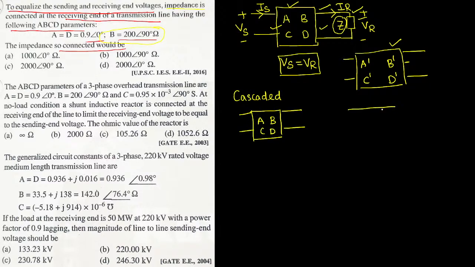Next we are connecting one more impedance at the receiving end, let me call it Z, that is the impedance at the receiving end. Now the current receiving here is called the receiving end current, and here we consider the receiving end voltage. From the sending end we pass a voltage called Vs and current called Is. I am just breaking the network into two, with the ABCD parameters already existing.